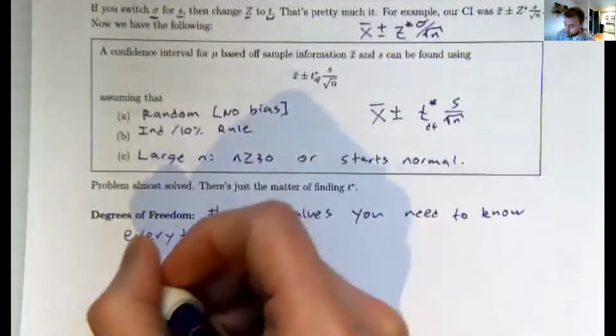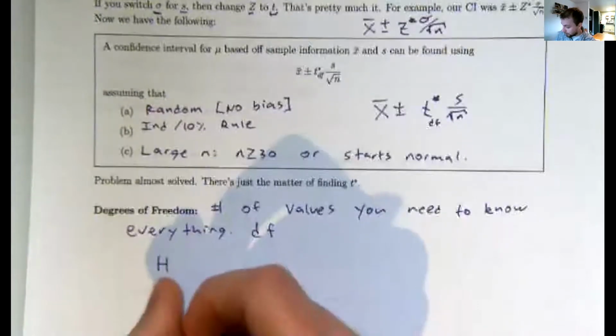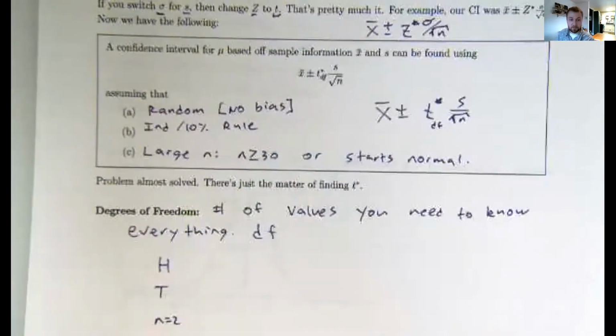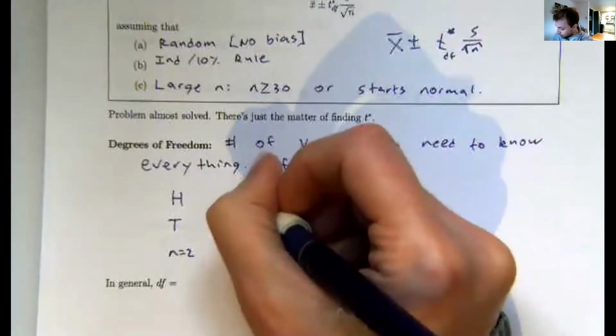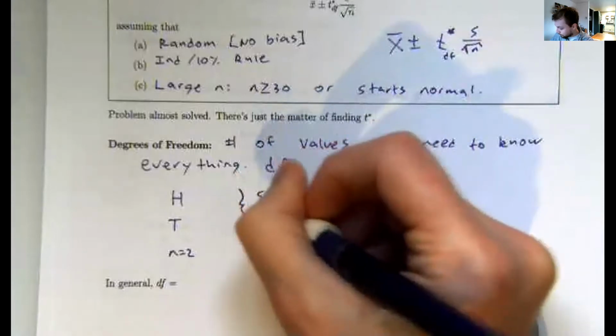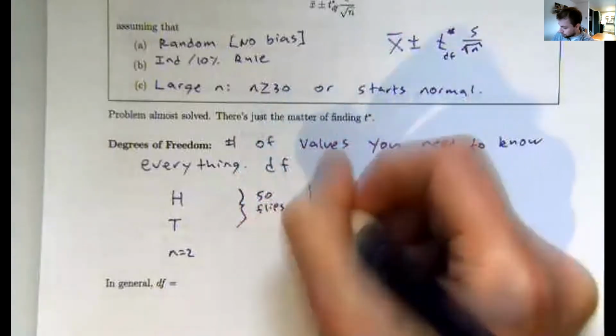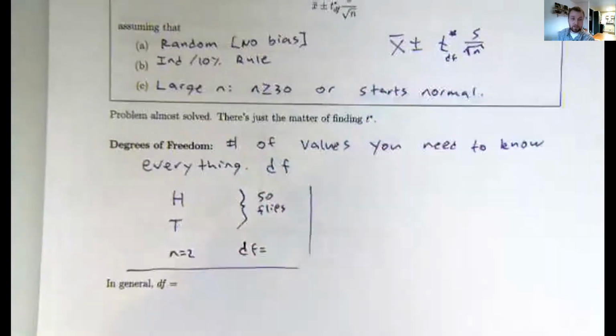So as a quick example, let's say I have two categories. So I have n equals two categories, heads and tails. And suppose that I tell you in total there were 50 flips. And I want to figure out how many of these categories do I need to know in order to know everything.